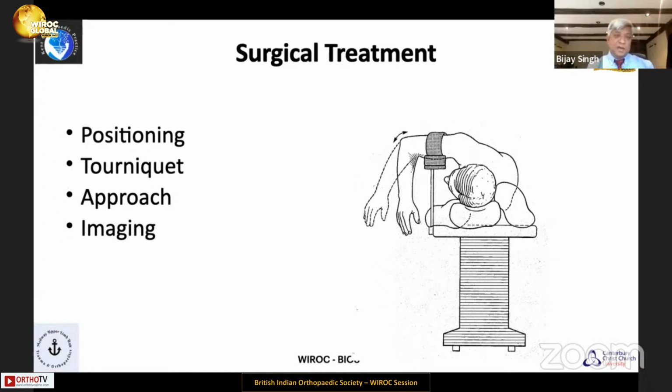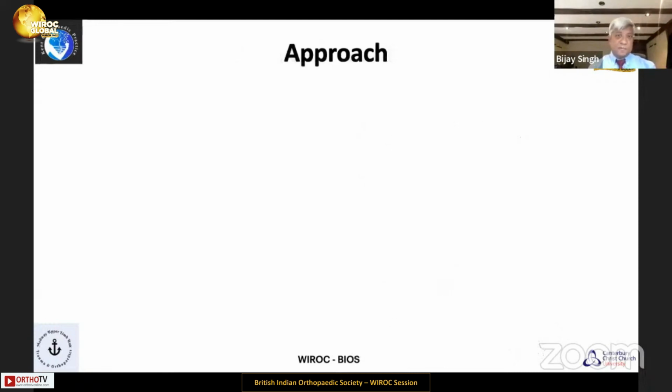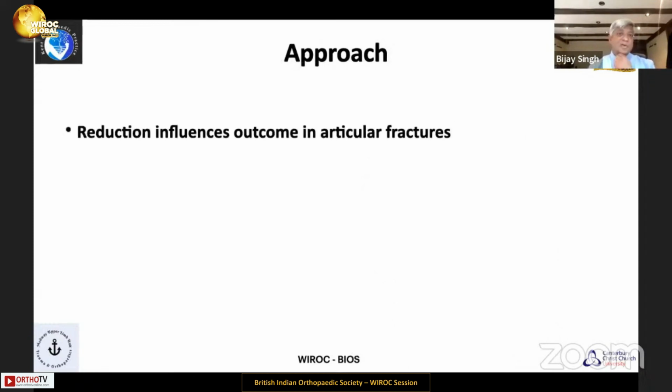I use a tourniquet, and the approach is generally posterior in an adult. Imaging is quite vital, because the last thing you want is to struggle when you are in the middle of a complex procedure. I make sure that I can get the image intensifier properly before starting. The approach is vital, as the reduction influences the outcome in articular fractures.